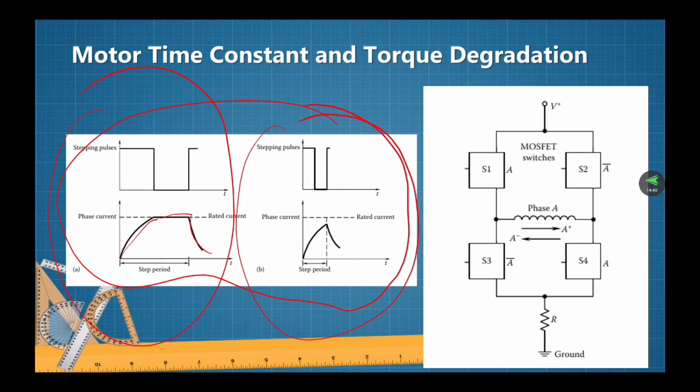Specifically, a sensing element, a resistor in the drive circuit, detects the current level, and when the desired level is reached, the voltage supply is turned off.